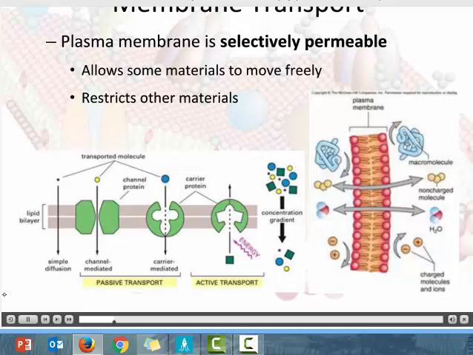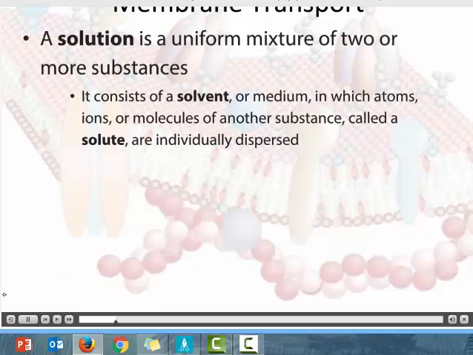As we talk about membrane transport, we need to revisit the vocabulary of a solution. Remember, a solution is a mixture of a solute and a solvent. The solute is the substance that is being dissolved. We like to talk about salt being dissolved, so we frequently talk about sodium being our solute.